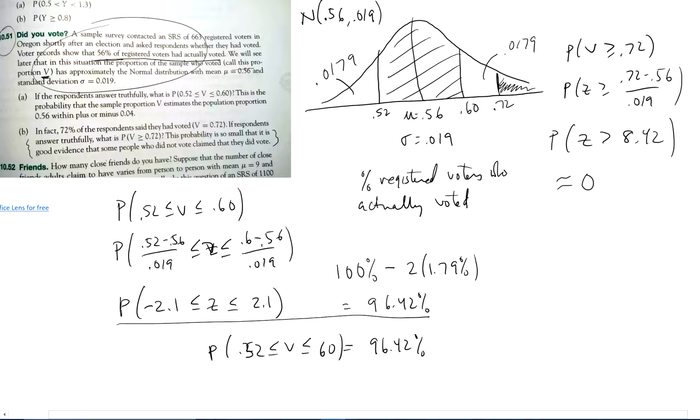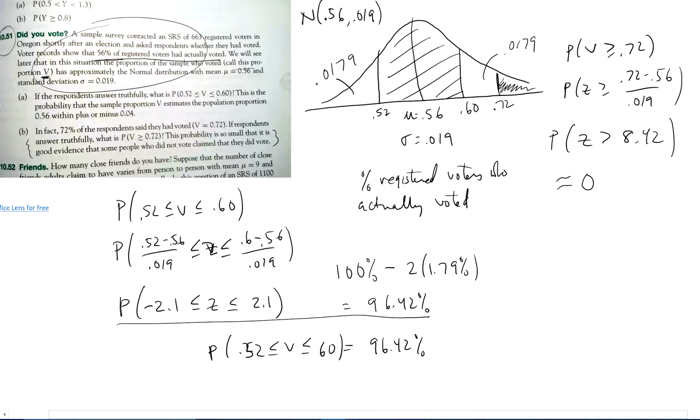The probability is so small that it's good evidence that some people who did not vote claim they did vote. In other words, we know that 56% of the registered voters actually voted. So if 72% of our sample said they voted, well, our sample is going to vary, right?